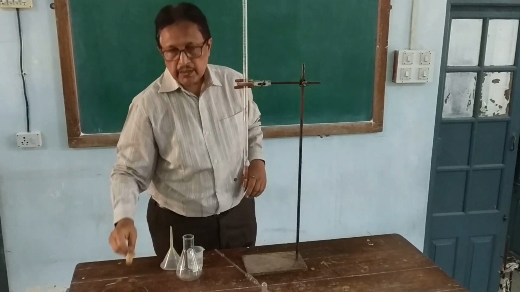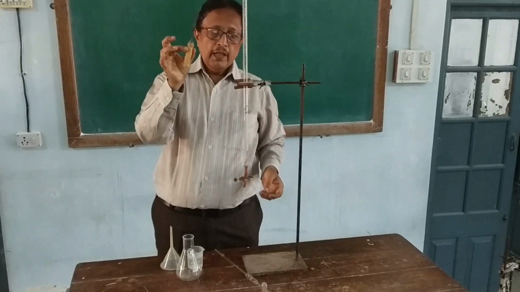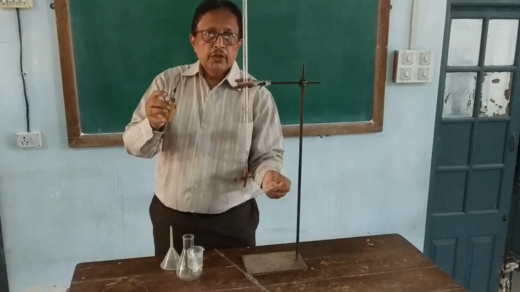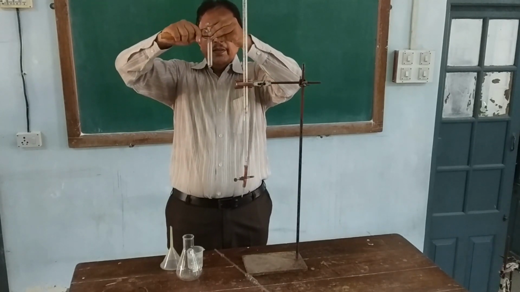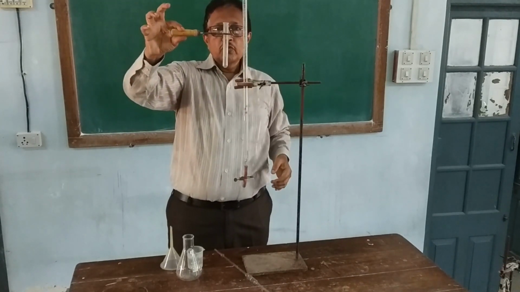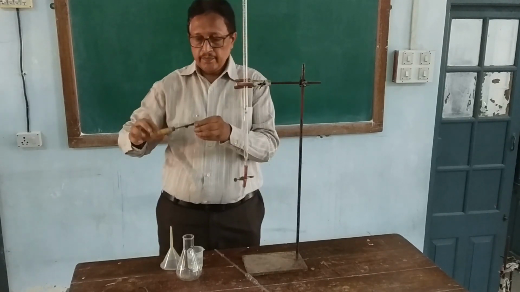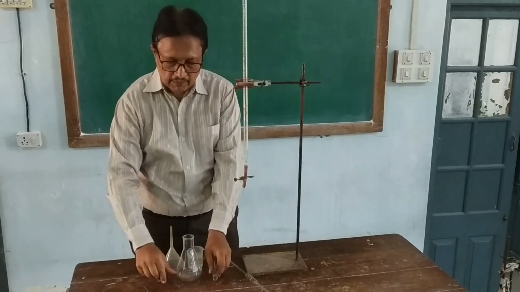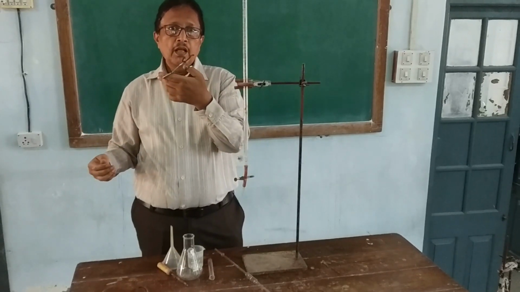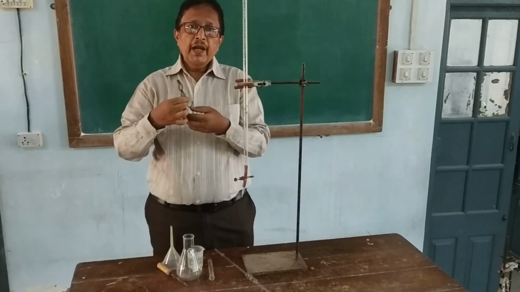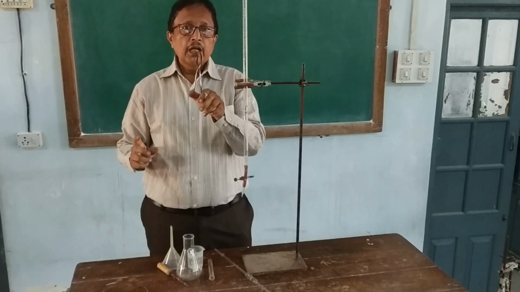Three more apparatus. This one is the test tube stand and you can hold the test tubes by using this one. This is known as tongs, but we have to use it to hold the charcoal only.